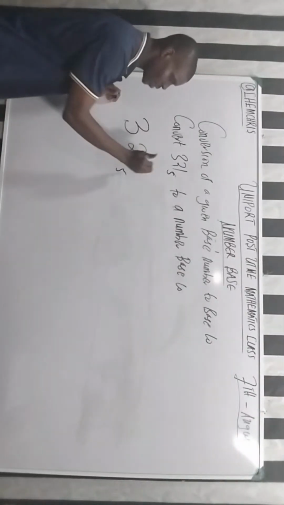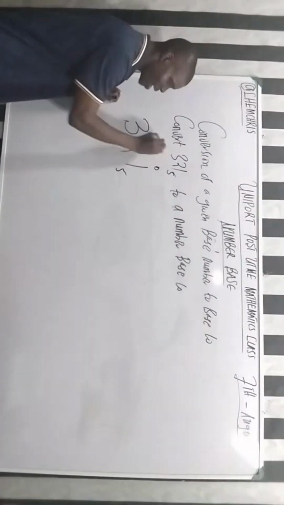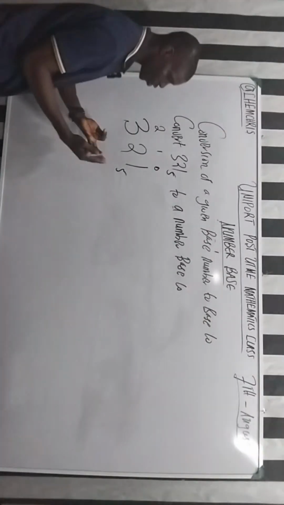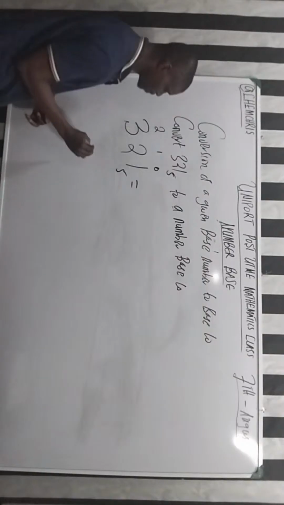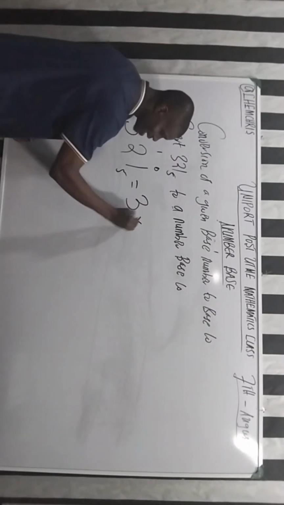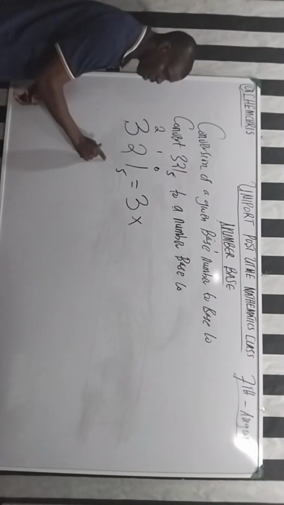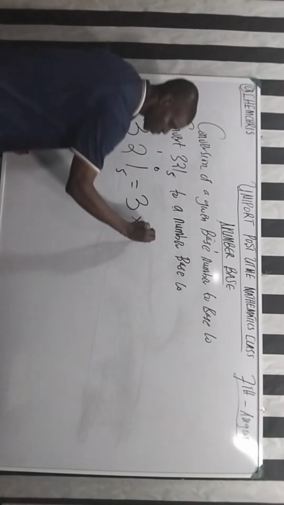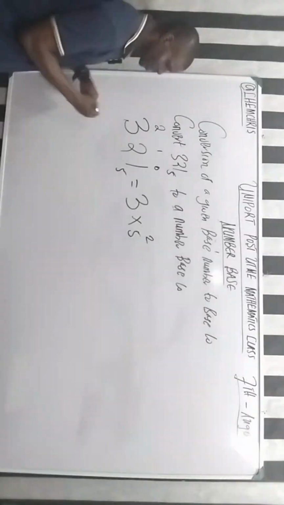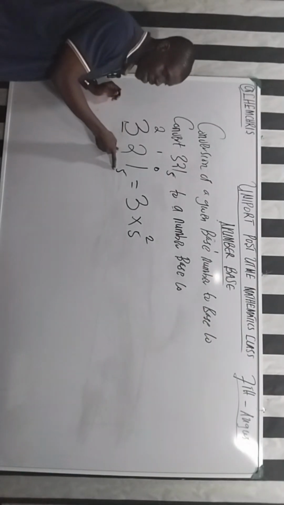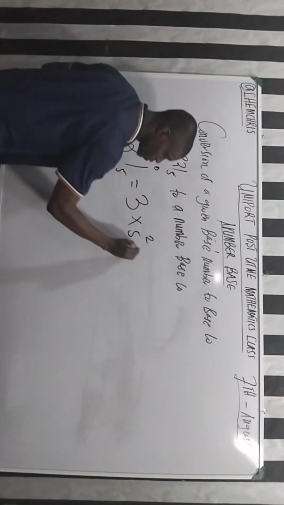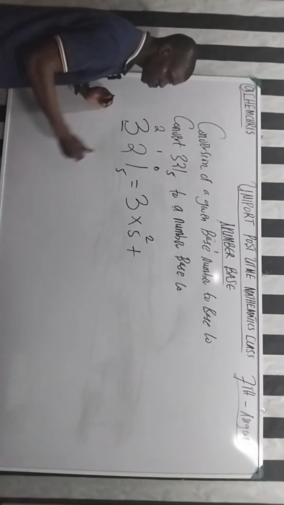The position of this one is 0, this is 1, this is 2. So if you look at it very well, it's going to be equal to 3 times the base of the number, which is 5, raised to the power of the position. Do you understand? So 3 times the base raised to the power of the position. Do you understand?